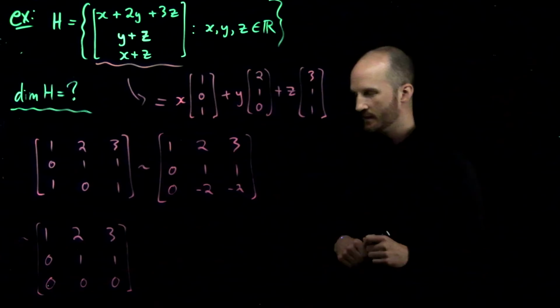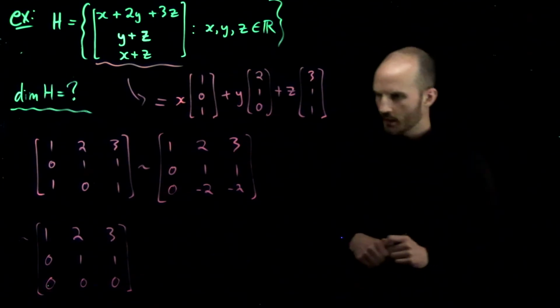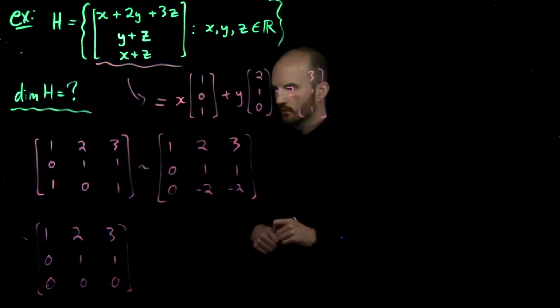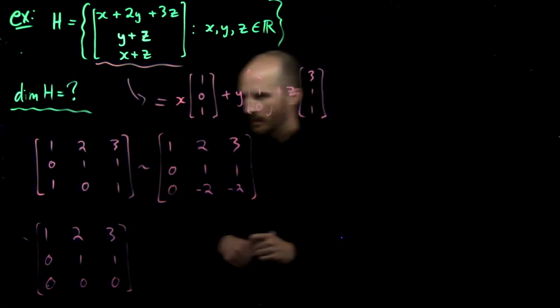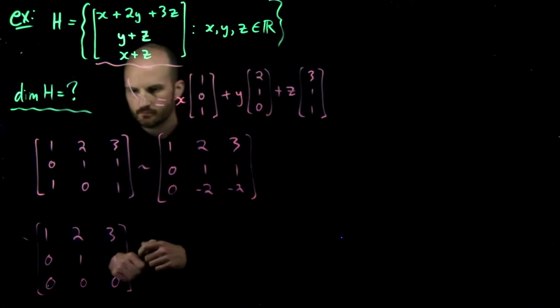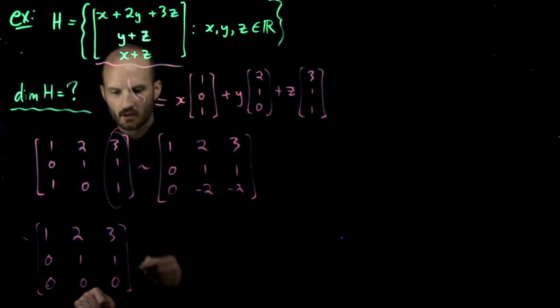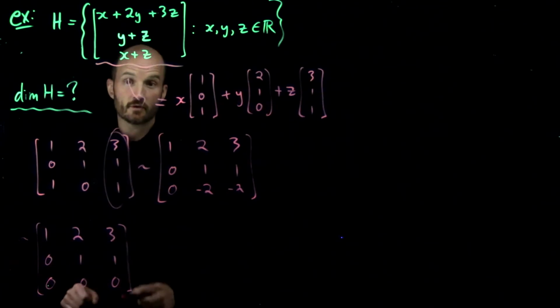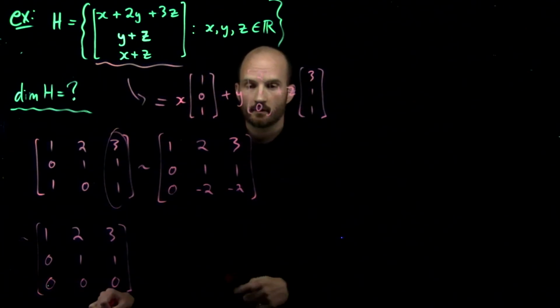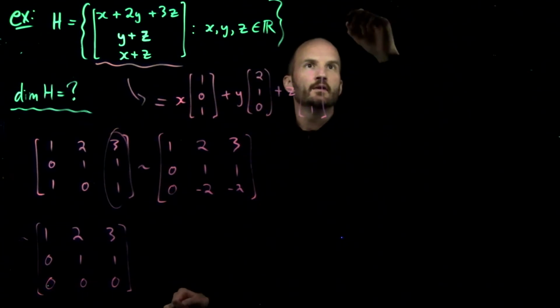So this is a dependent set. So what else do I notice? Well, I notice from this calculation that my third vector here is a linear combination of the first two. So what I'm going to do is just delete this third vector and see what I get.